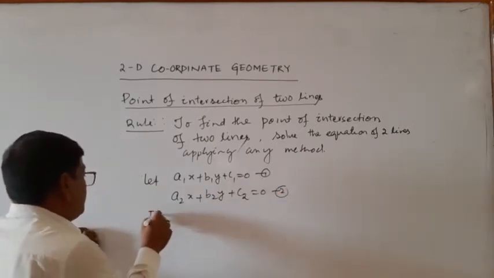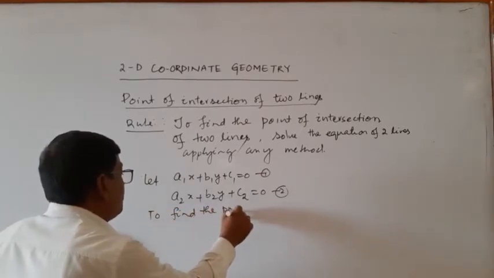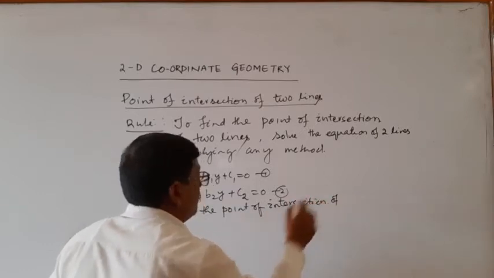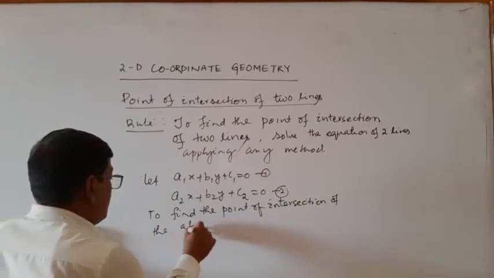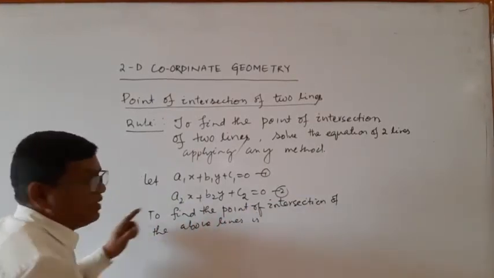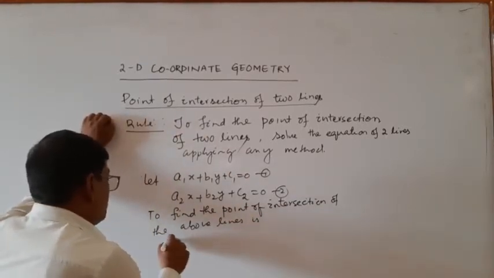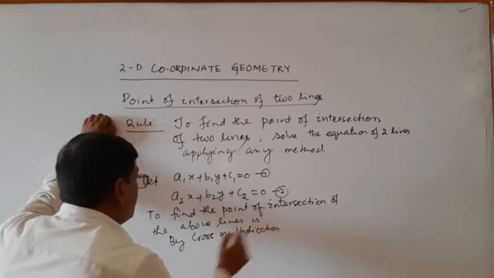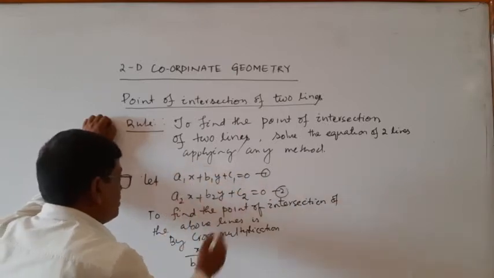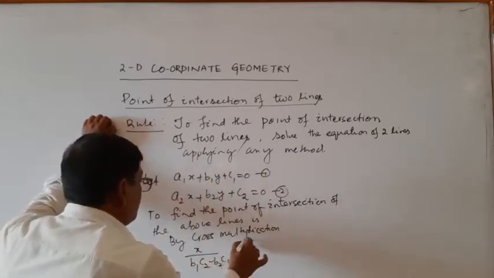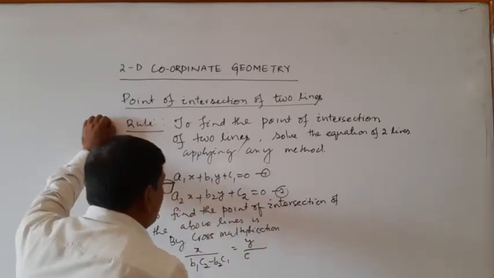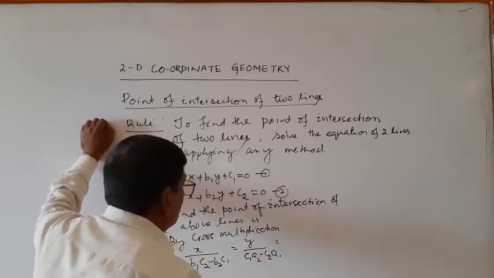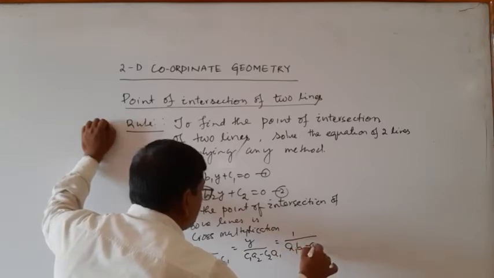To find the point of intersection of the above lines, by cross multiplication method, x by b1 c2 minus b2 c1 is equal to y by c1 a2 minus c2 a1 is equal to 1 by a1 b2 minus a2 b1.